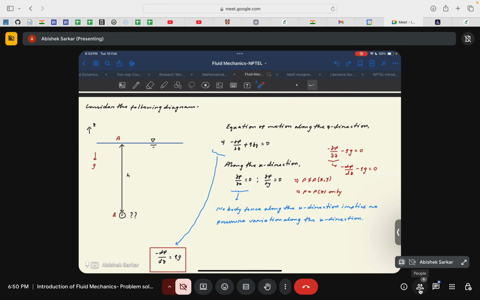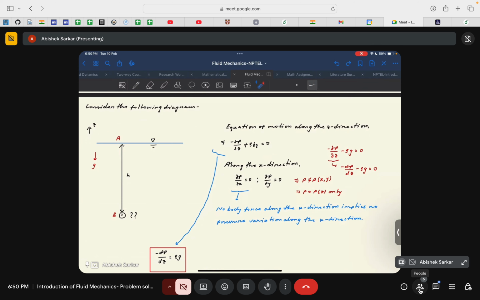So what does this imply? It's a very important concept. I think all of you must know it by now, but still if somebody has some confusion, it will be clear now.